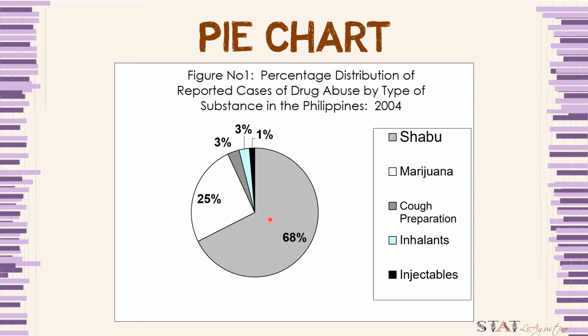So 68% of the reported cases of drug abuse are from the substance shabu, which I believe none of you have tried, or if you've tried it, will not continue doing it. And then marijuana has 25%, and then cough preparation, and so on, with small values.